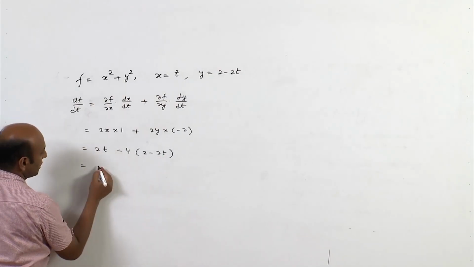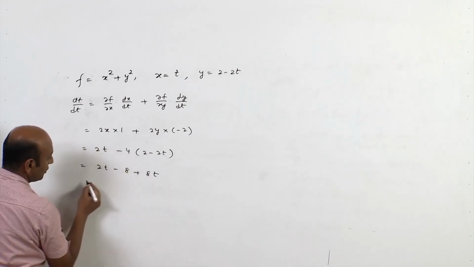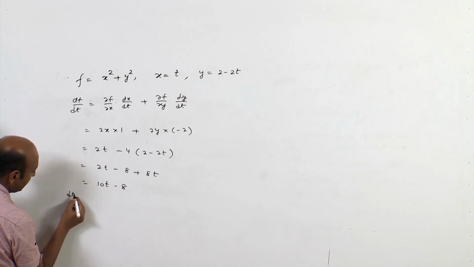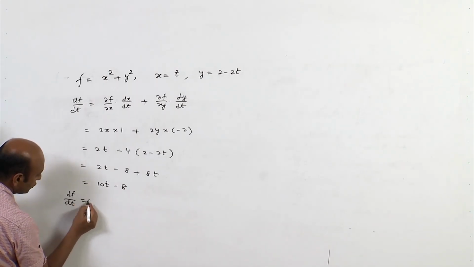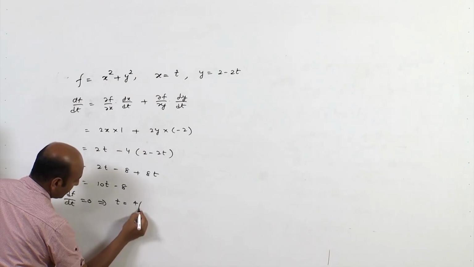So this is 2t minus 8 plus 8t, so that is 10t minus 8, and df by dt equal to 0 implies t is equal to 4 upon 5.